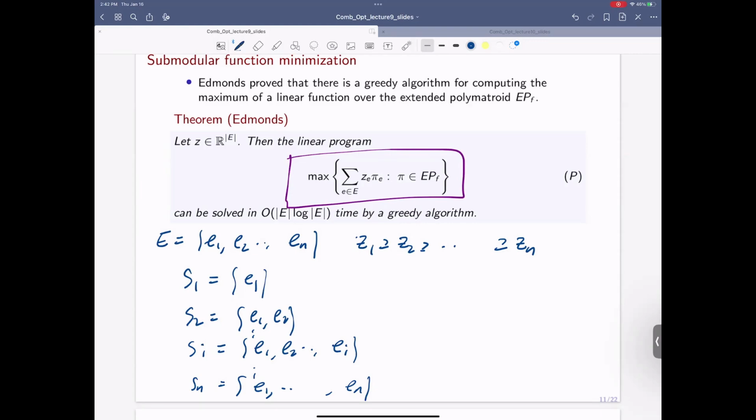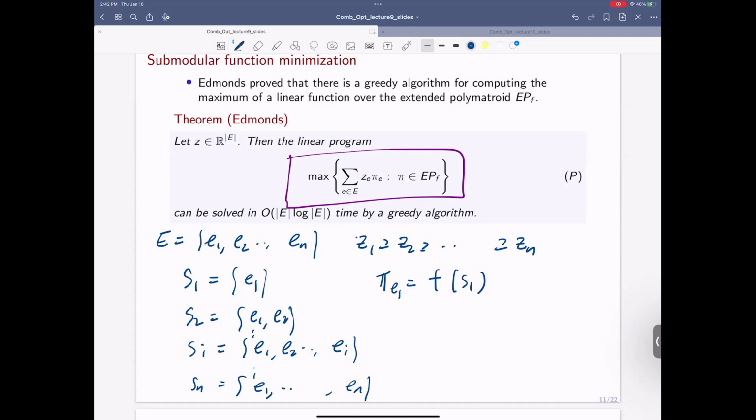And then you construct your solution as follows. Pi of e1 is defined to be the function value of S1.